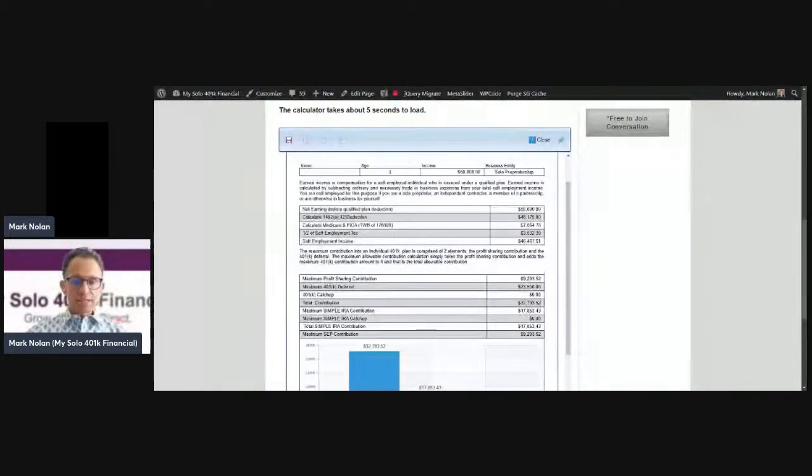This is the total amount that you can make as a voluntary after-tax solo 401k contribution for 2025. That's $46,467.61. That would be all that you can contribute. In order to contribute more than that, you're going to have to make more than $50,000 in net self-employment income.